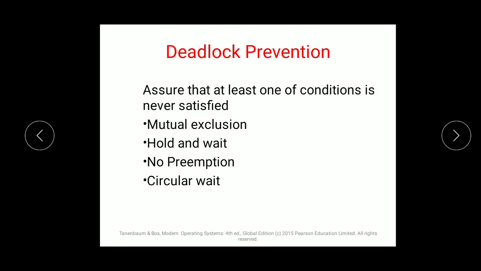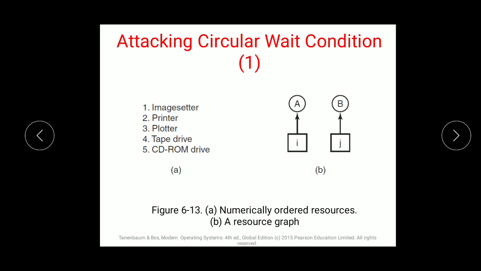All four are required to make a deadlock, and if any one condition is not there, deadlock will not happen, which is indirectly a type of deadlock prevention. So deadlock prevention means that if any one of these four does not hold, then deadlock will not occur.